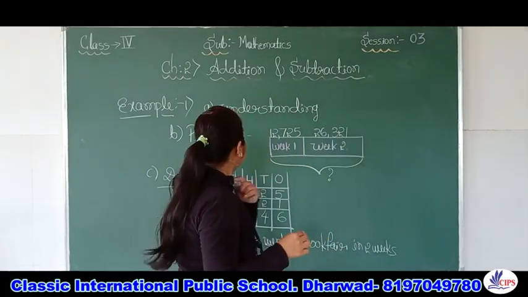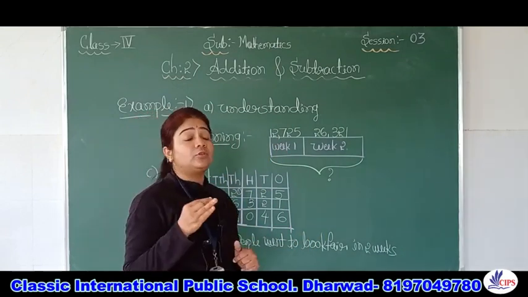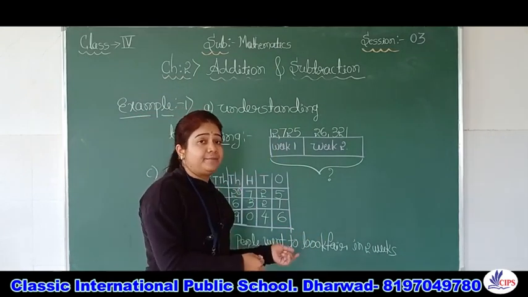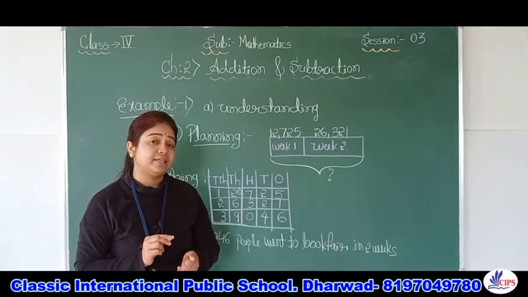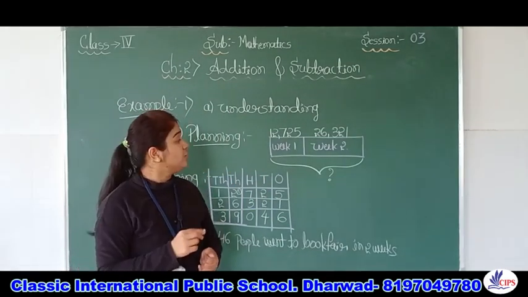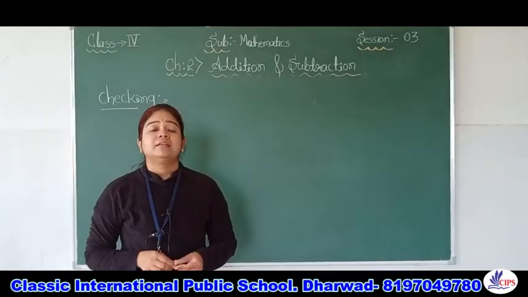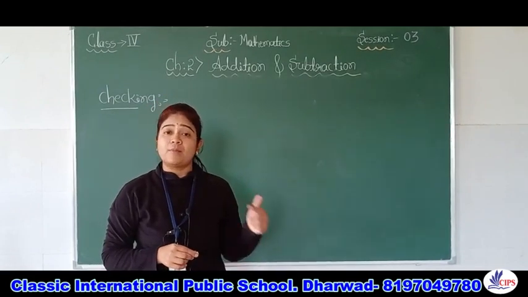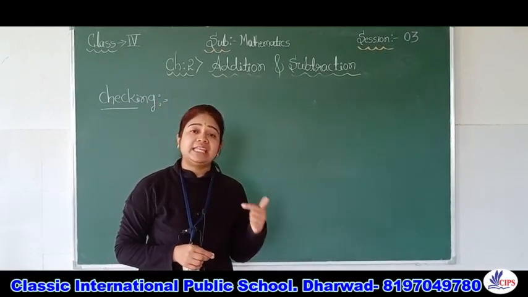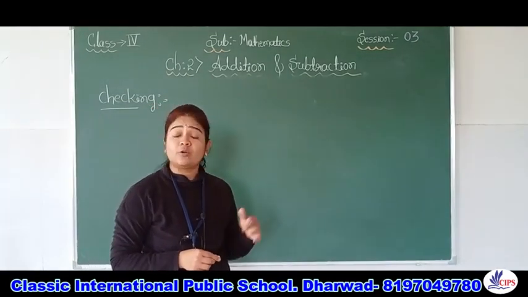So this is how we solve the sum. Now we have to check whether this sum is correct or not. How to check that? Again, we have to follow the checking method. In the checking part, that is the last step of our problem solving method, we have to follow rounding of steps.